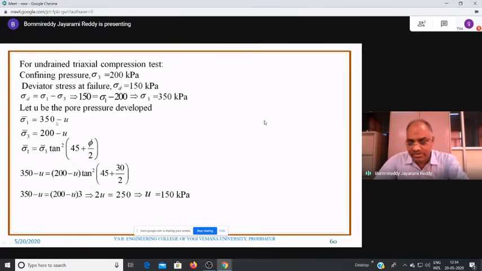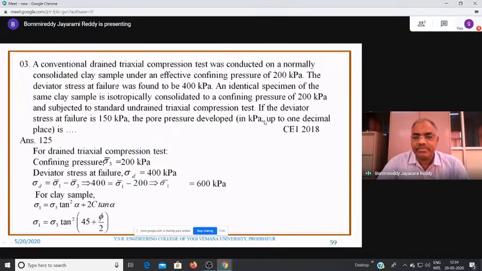So in this, there are two different cases of the test. Here what is going to happen? The first one is the effective confining pressure. Effective means 200 and 400 are bar, so that sigma 1 and sigma 3 are effective stresses.